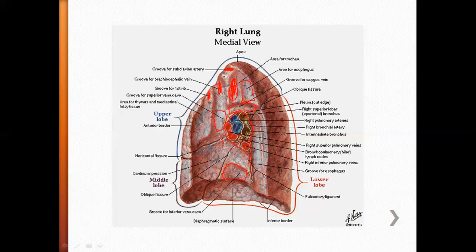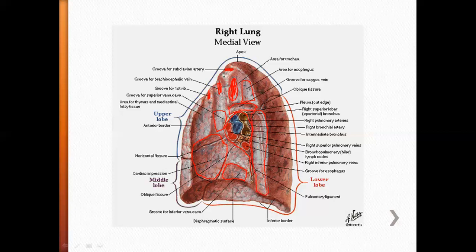Then the remaining part, somewhat rounded, you can see there is an impression that is for the heart. So, the cardiac impression. Apart from that, again you can see one nice groove here like this. The entire region is the groove for the esophagus.